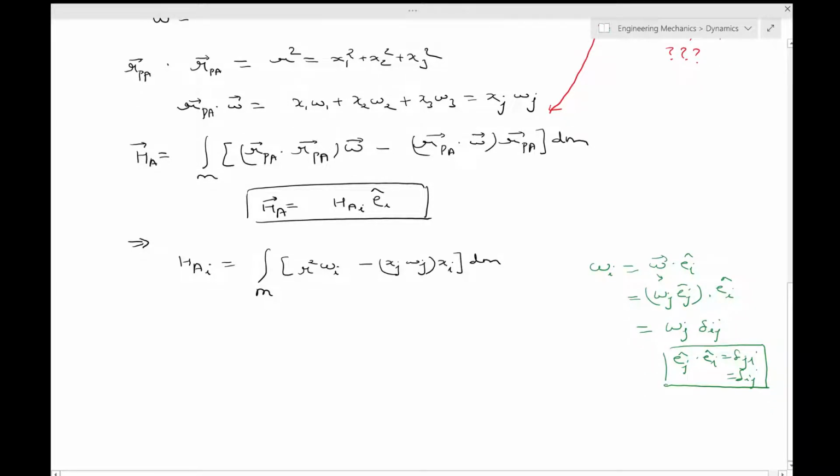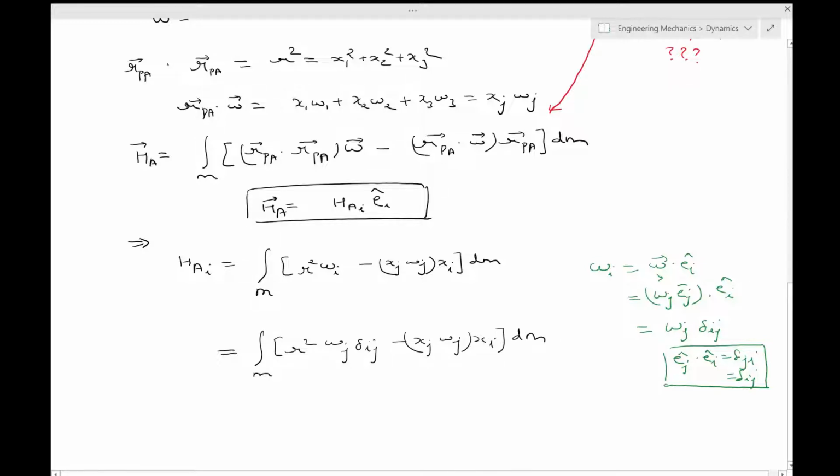If you cannot, please pause the video and go back to the discussion on index notation. Okay, once this is done, now we also want to write this omega i, I should have written it here itself, omega i in terms of omega j. So r square, then omega i is omega j delta ij minus xj omega j xi dm.